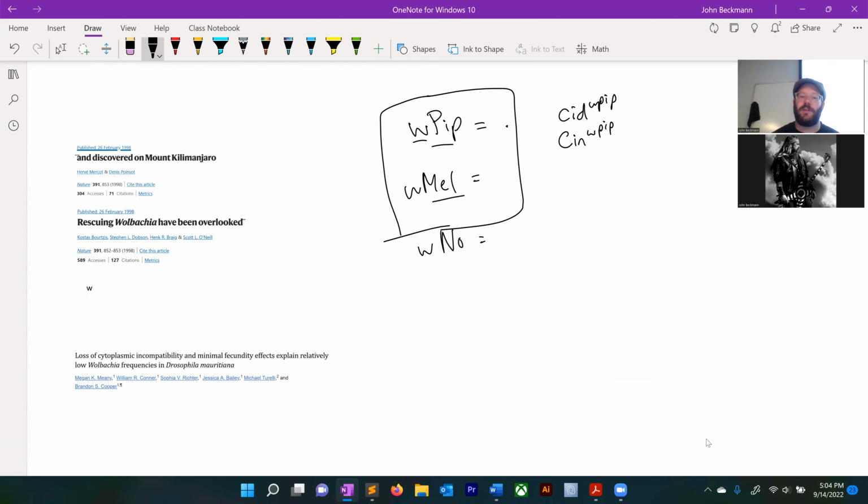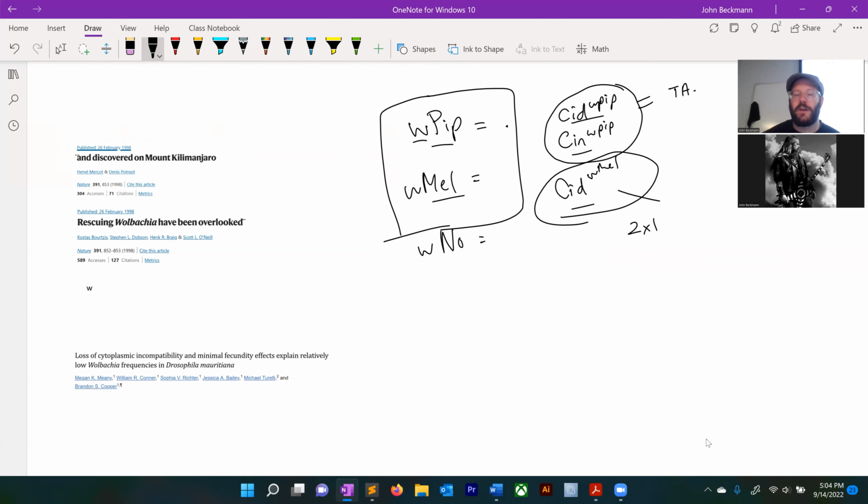And there's another operon called SID wMel, which has also been studied. And this was the one that really gave the evidence for 2x1, the SID wMel system. Whereas these systems were more evidence for TA functionality. So the question is, how do you resolve this? One thought was to start looking at mechanisms of a bunch of other CI operons, so operons from other Wolbachia.